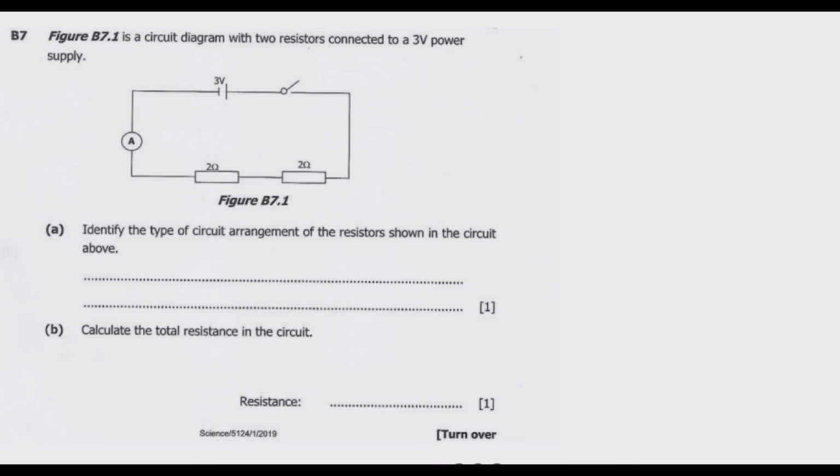What we notice here is, if one of these resistors is faulty, the entire circuit will be off. Even the other one will not receive a potential difference. Hence, this kind of circuit is known as a series circuit.